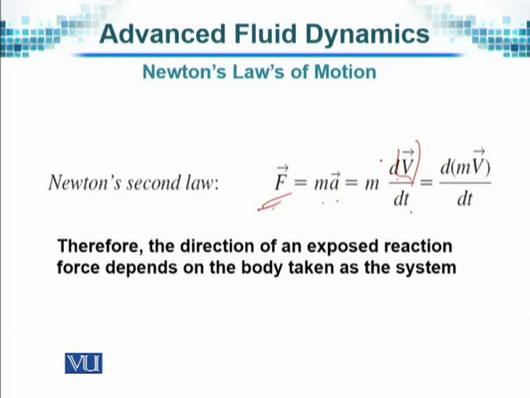D by dt, the rate of change of v with respect to t, is written here, and this can also be written as d by dt of m into v, because mass and velocity can be clubbed together, since mass is a scalar quantity and it cannot be created or destroyed, and therefore dm by dt will be zero anyway. So even if we write it this way or this way, both of them are okay.